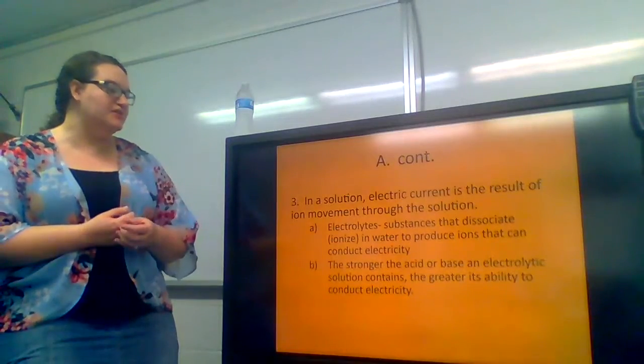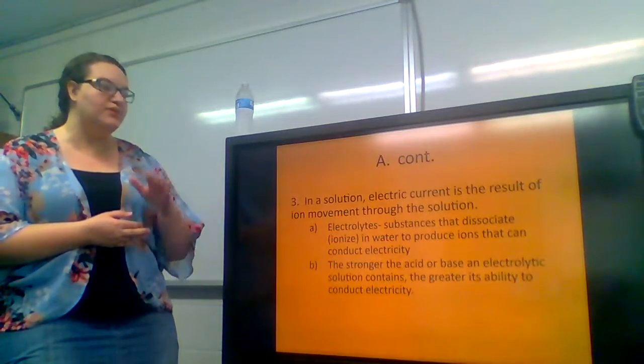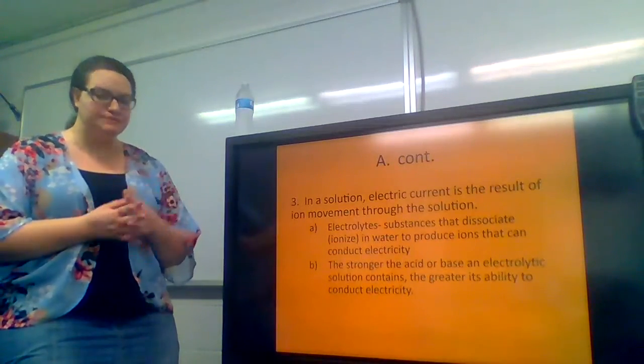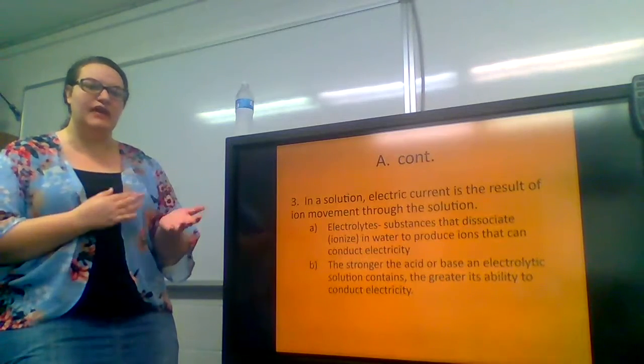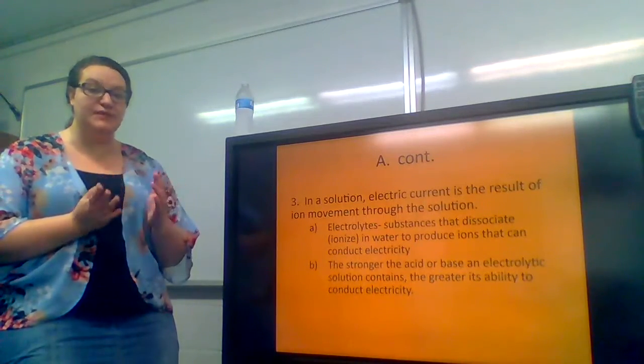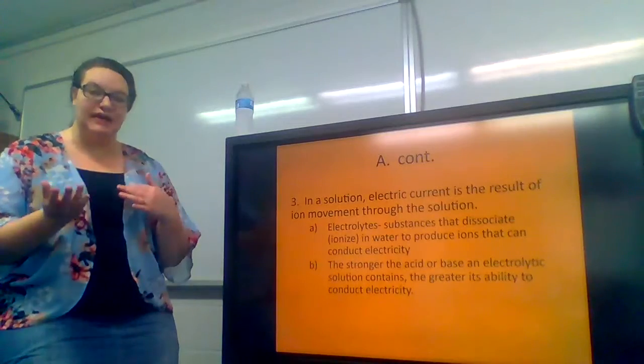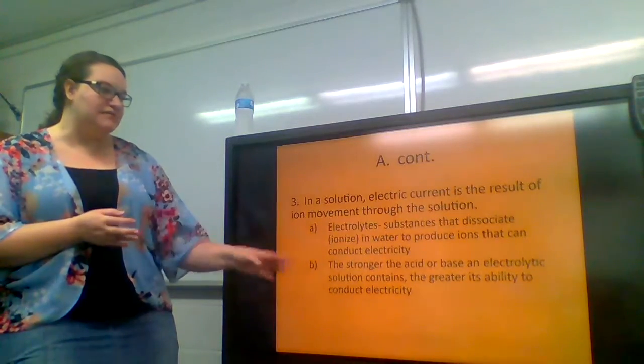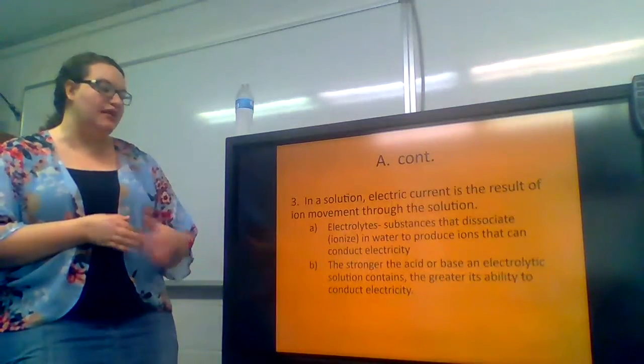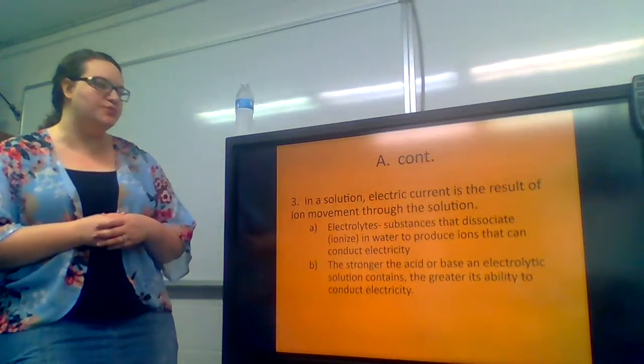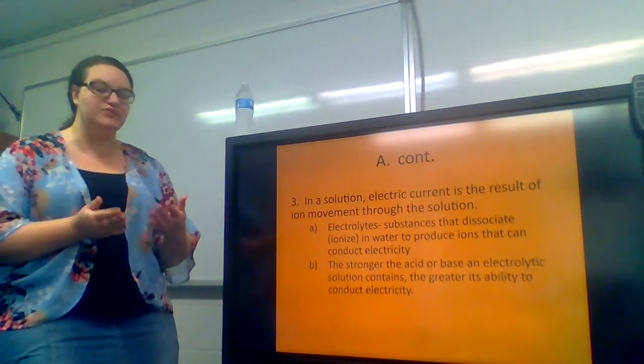Electric current is the result of ion movement through the solution. Now remember, ions are atoms that have gained or lost electrons respectively. All right, anions and cations. Electrolytes, these are substances that dissociate or ionize in water to produce ions that can conduct electricity.